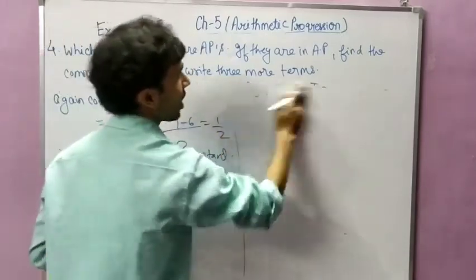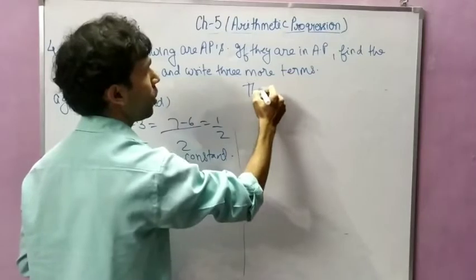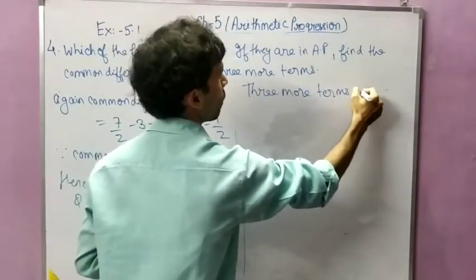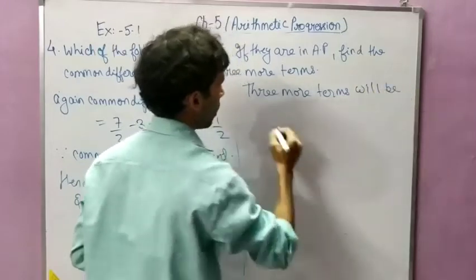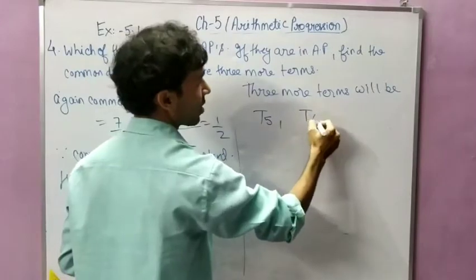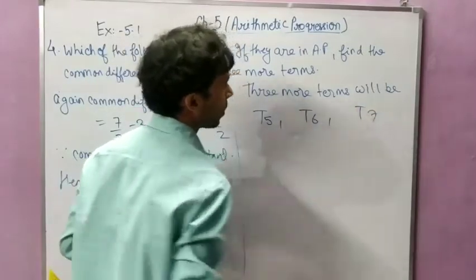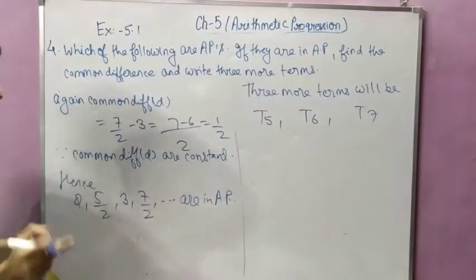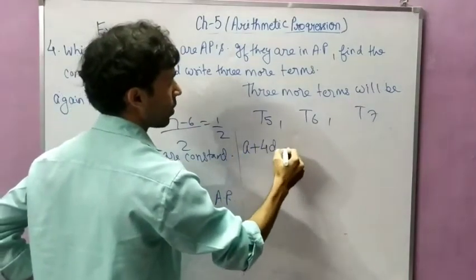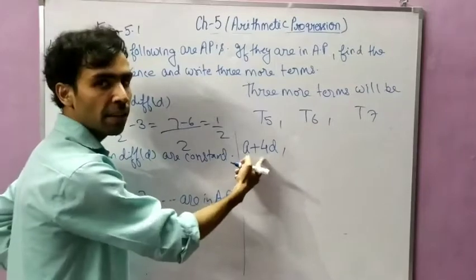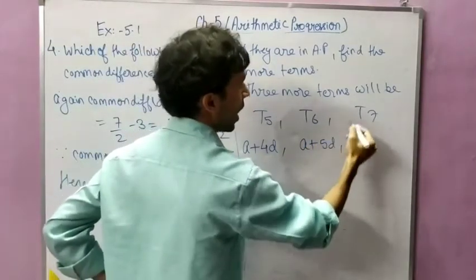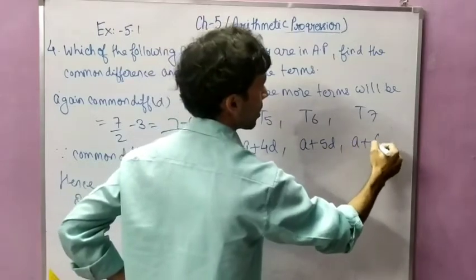You will write like this: the 3 more terms will be T5, that is the 5th term, T6 and T7. Now T5 can be written as A plus 4D, one less than the term number is the multiple of D we add to the first term. Again T6 will be A plus 5D and T7 will be A plus 6D.